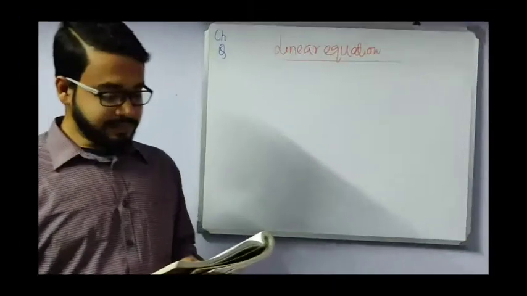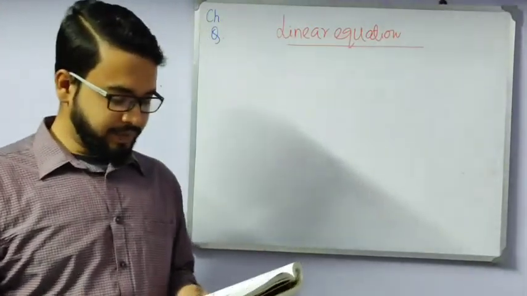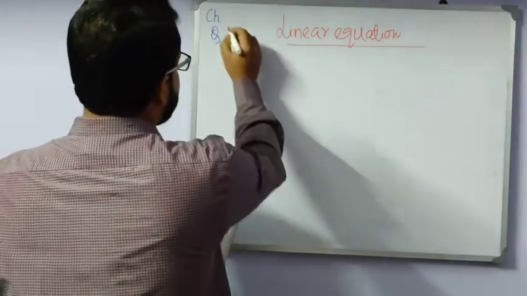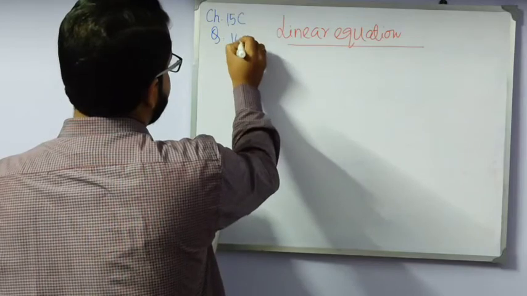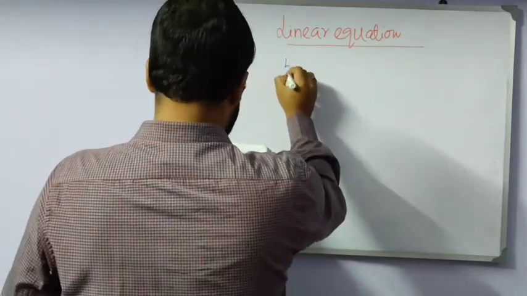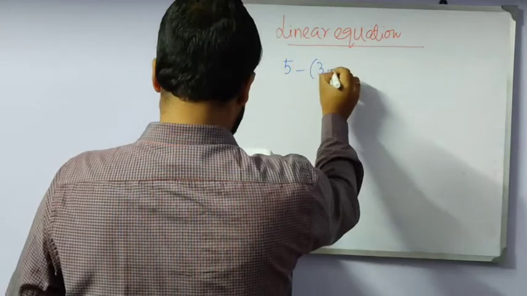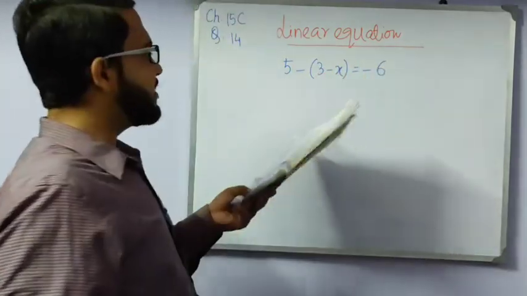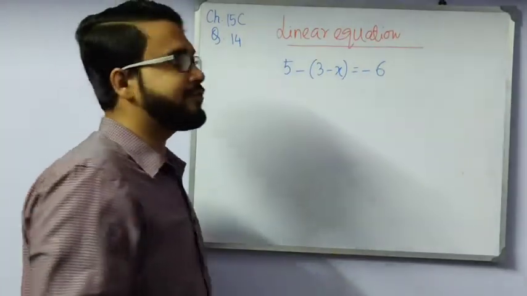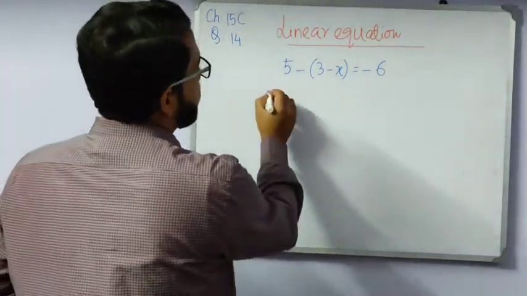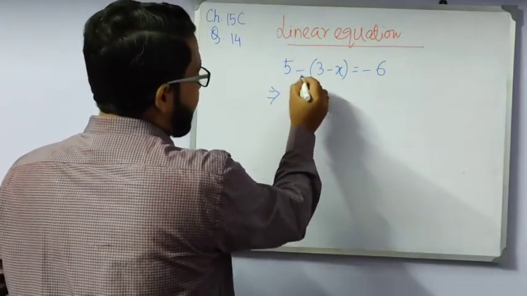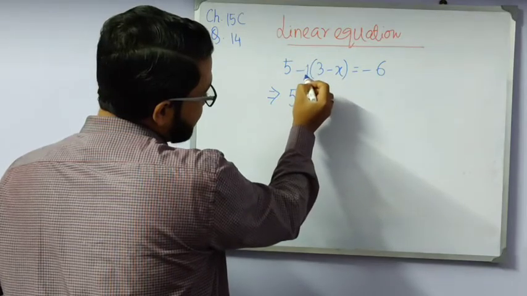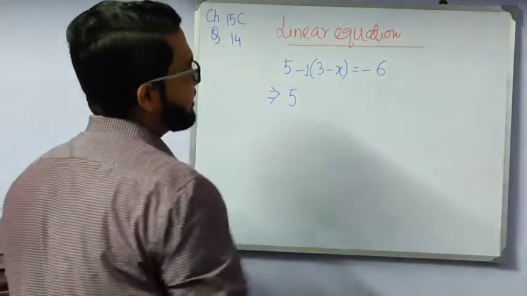Okay. Next, chapter 15c. Question number 14. 5 minus 3 minus x is equal to minus 6. So it is a linear equation, and in this type of question we have to find out the value of x. Here minus is given with no number, meaning 1 is present, so minus 1 into 3 minus x.